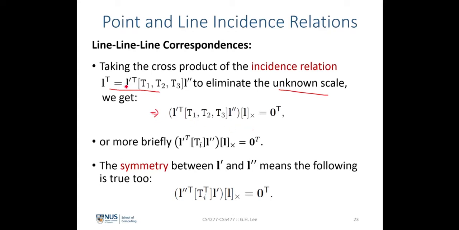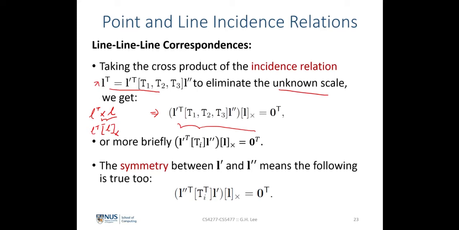So this is simply taking the cross product of L transpose and L. So let's rewrite the cross product as this, cross product multiplied by L transpose, and we can do the same on the right hand side of this equation. As a result, we will get this form of the equation that equals 0, and the unknown scale, which let's say we call lambda in this particular equation, can be eliminated.